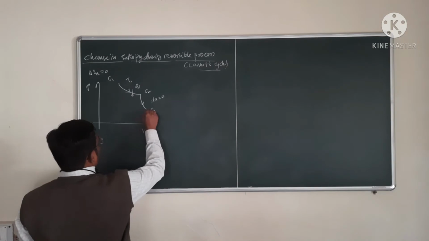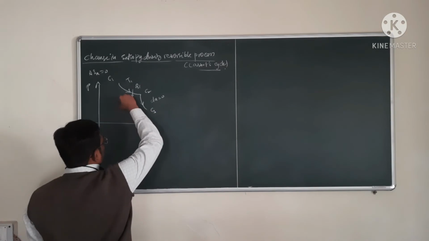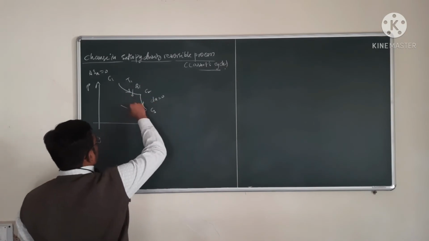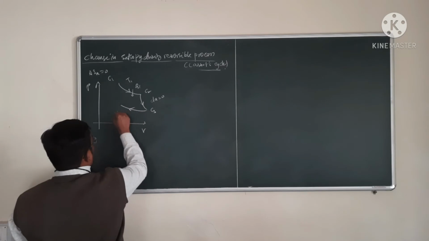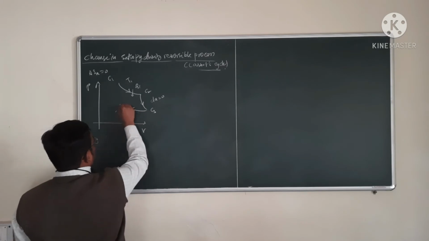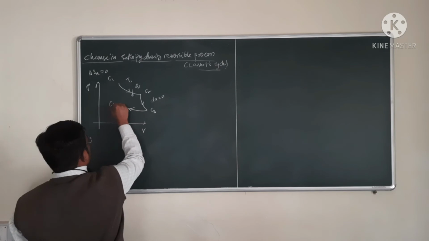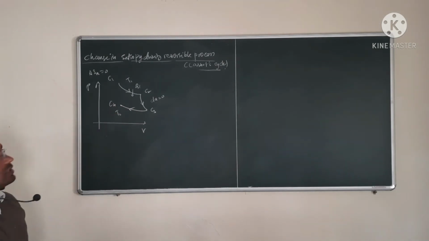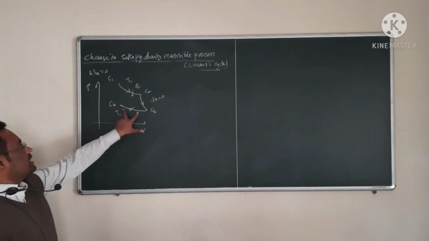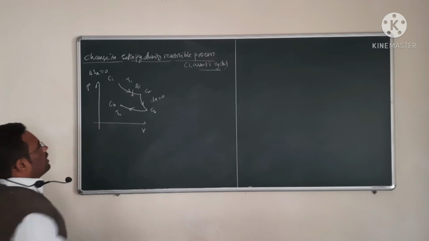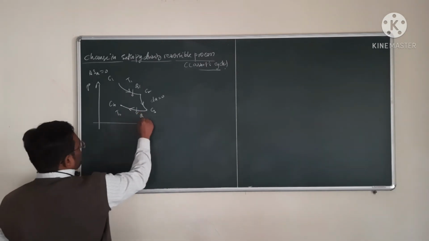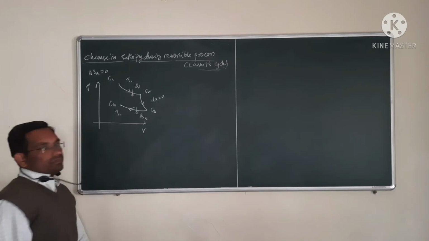Now, the third process is isothermal compression, which is from C3 to C4. That process takes place at temperature T2 and the amount of heat rejected by the system is Q2.